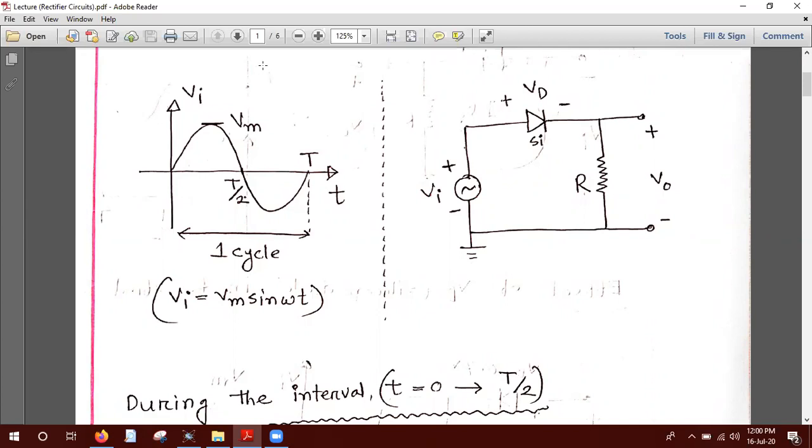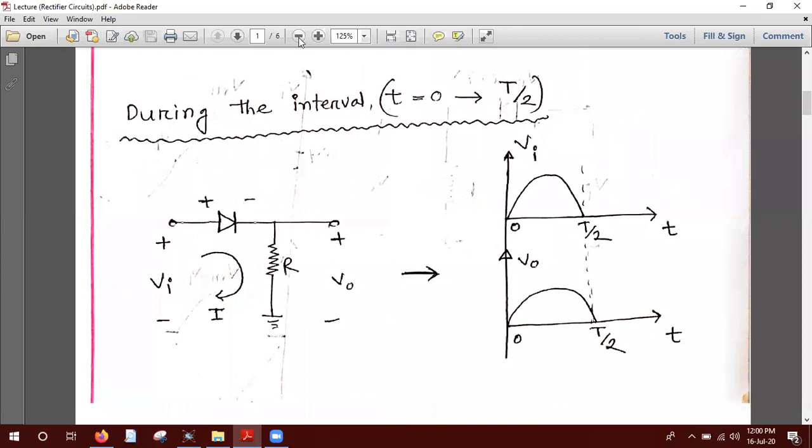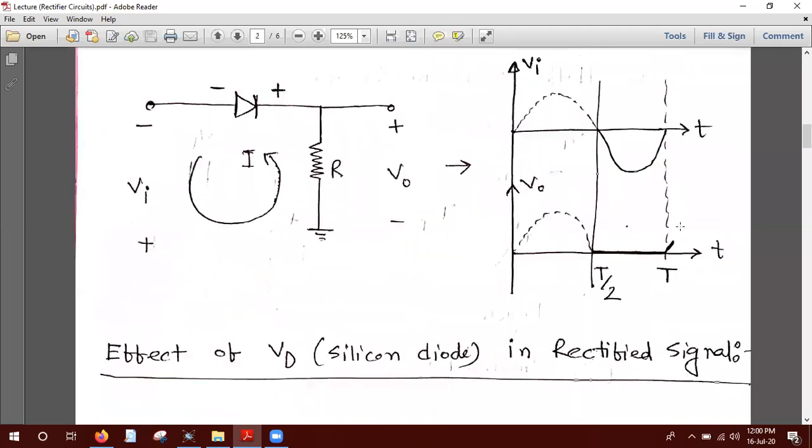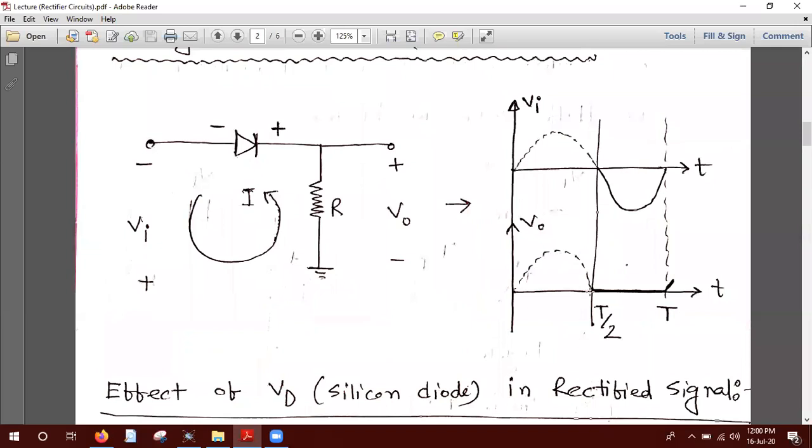The output is something like that, the input, output. But in the negative cycle, we do not get the output. You see that in the negative cycle, we get the output 0. So this is the half-wave rectifier circuit, where a resistance, a diode, and a voltage source are required.